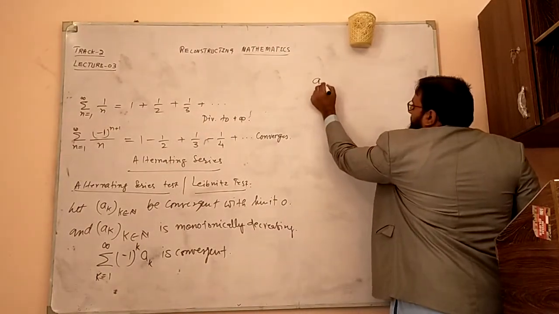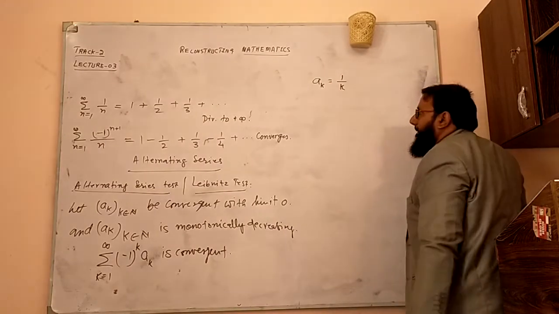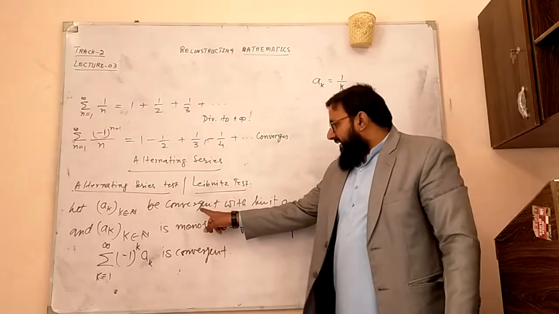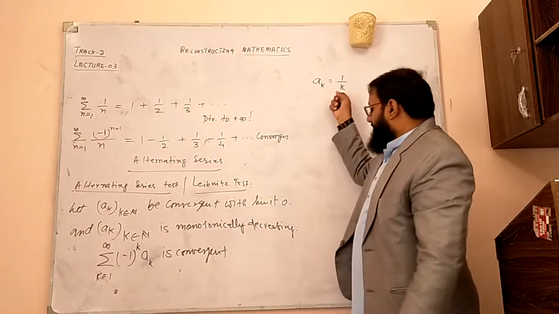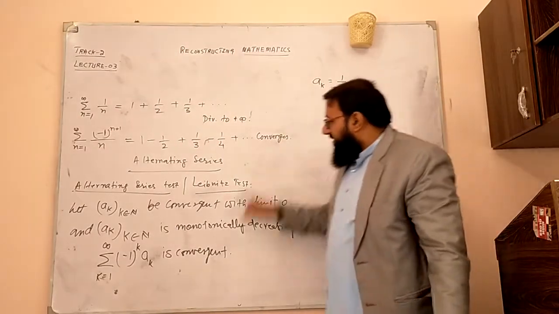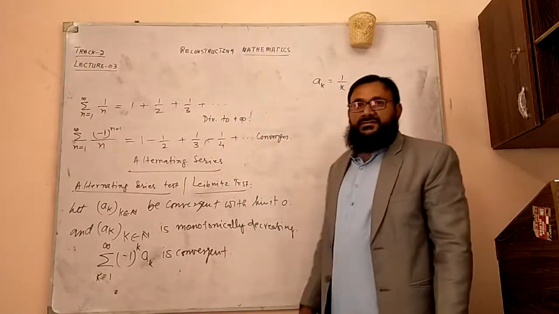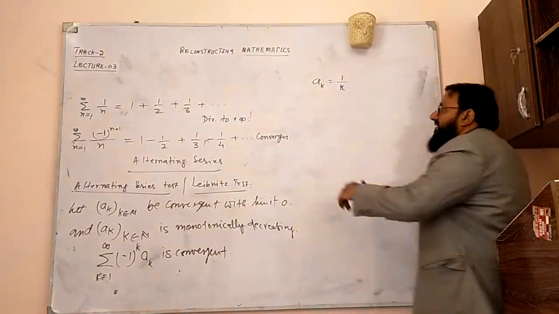You have a sequence a_k, let's say that is 1 over k. We know very well it is convergent. The limit of this sequence is 0 and this sequence is monotonically decreasing. These two criteria are satisfied.